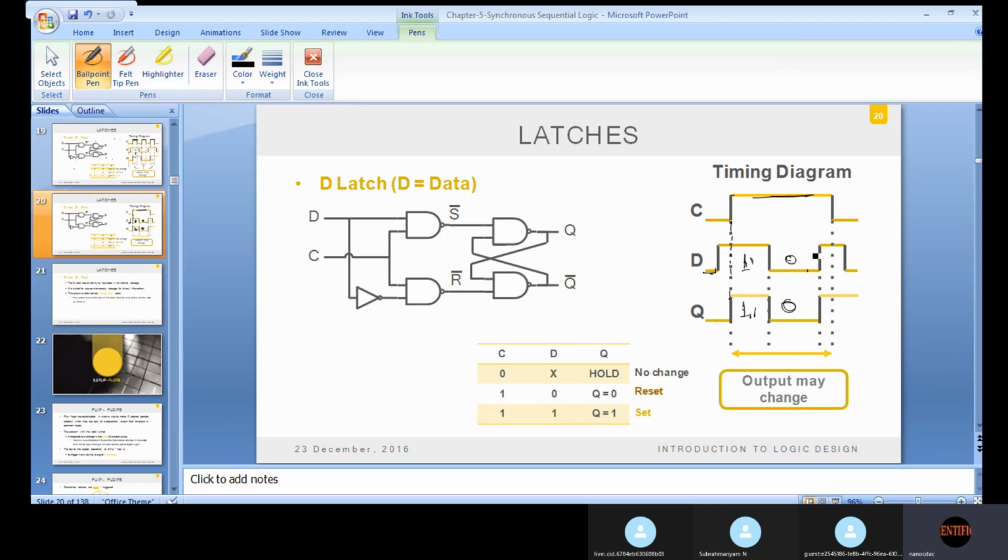Here also control is equal to 1 from here to here, so D is changing the value and Q takes the same value 1 1. The output is the same as Q is changing. Why? Because control is equal to 1 throughout here.